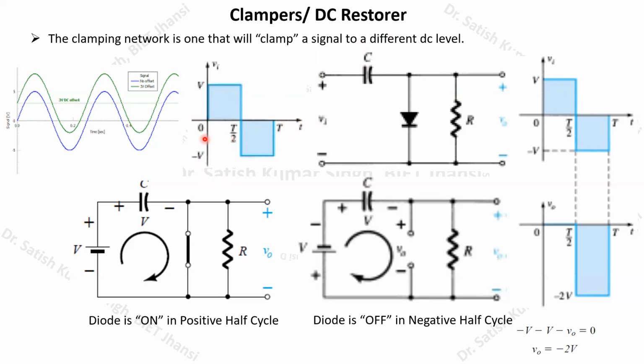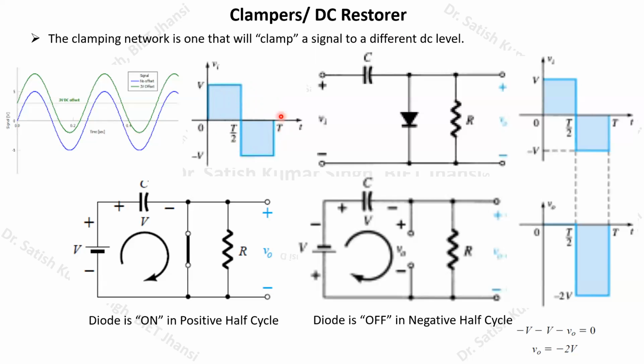If you calculate the average value of this waveform in a particular period, for example, the time period of this signal is capital T, you will find that the upper half portion has a positive value and the lower half has a negative value. Altogether these areas cancel each other, and the average value of this waveform over a time period is equal to 0.